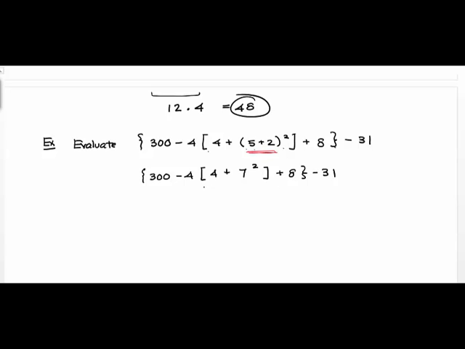Okay, now my innermost parentheses is this. So if I look at what's inside, I have to do the exponent, right? So I have 300 minus 4 times 4 plus 49 plus 8 minus 31.